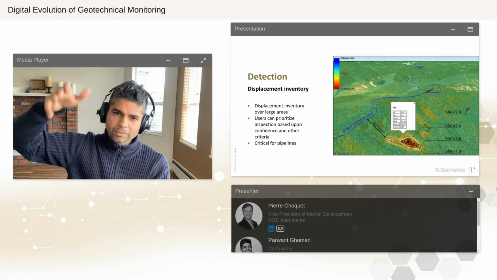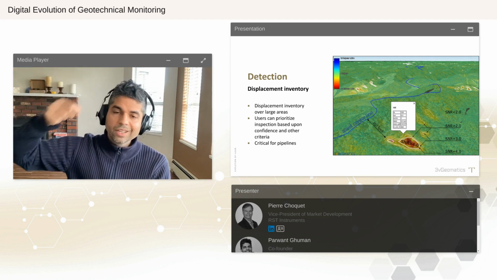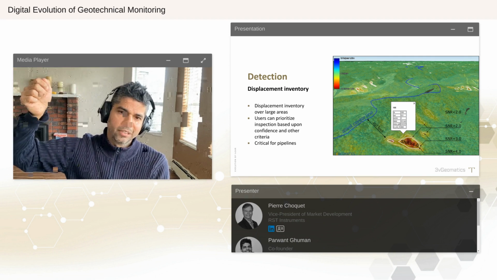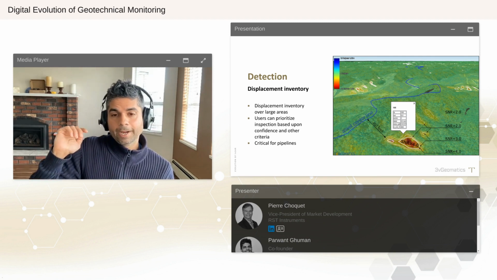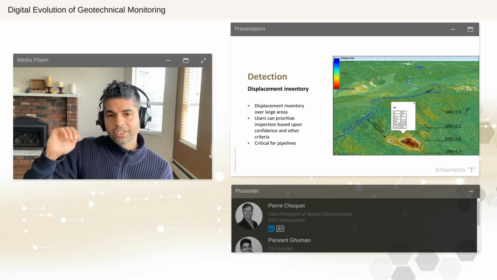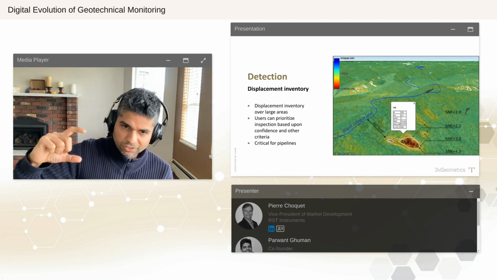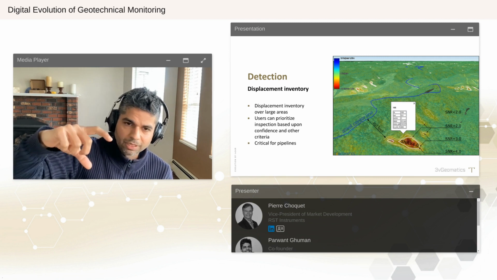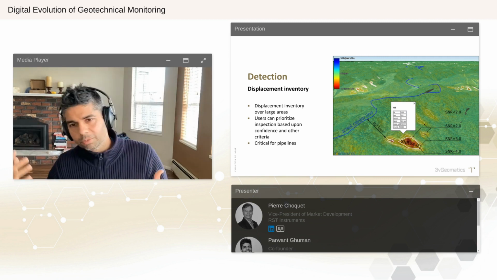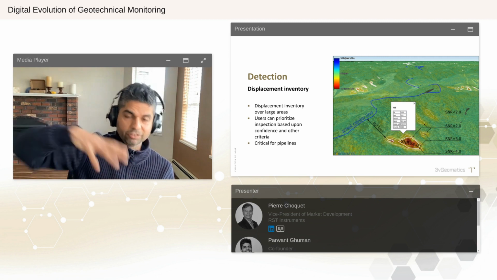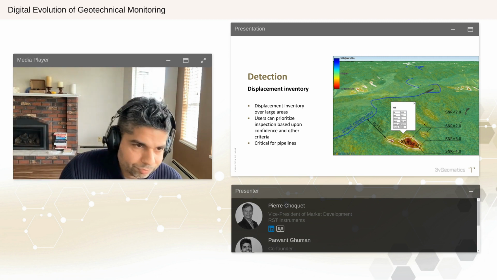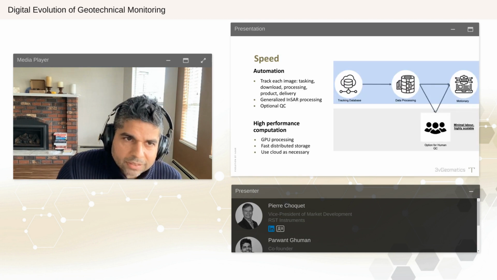Now you as the user can also bake in other constraints, like for each hotspot, we can tell you the severity of the hotspot, the significance of the hotspot, but also, you can take into account the distance of the hotspot from your pipeline, and also the local slope. Is it facing the pipeline, which is more dangerous than if it's facing away from the pipeline?